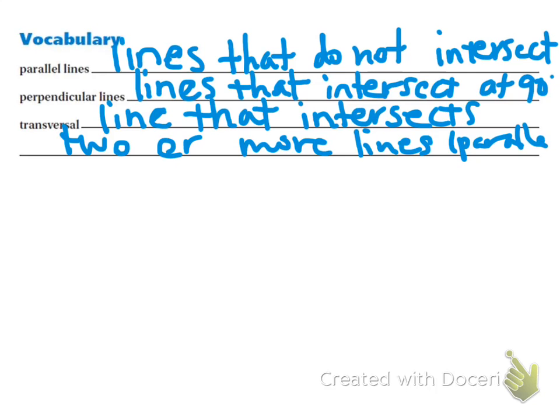And usually those lines are parallel. Your book definition says that they don't have to be, but usually when we're using them, they will be parallel.